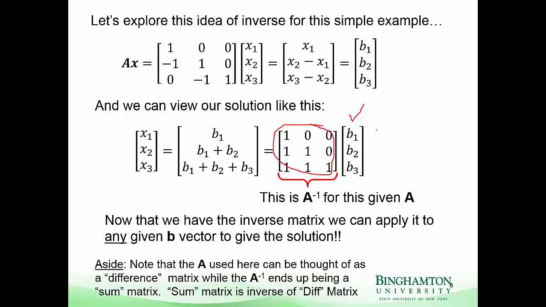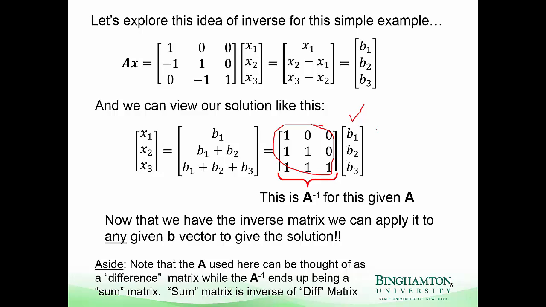And the author of the textbook likes to point out at this point that, if you look at the A matrix, it's like taking differences between adjacent elements of x.